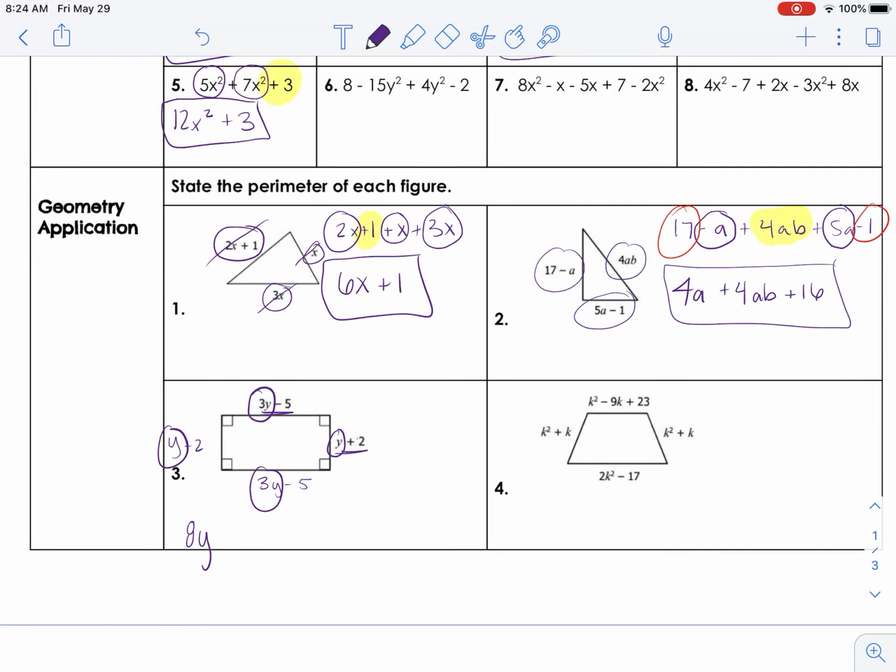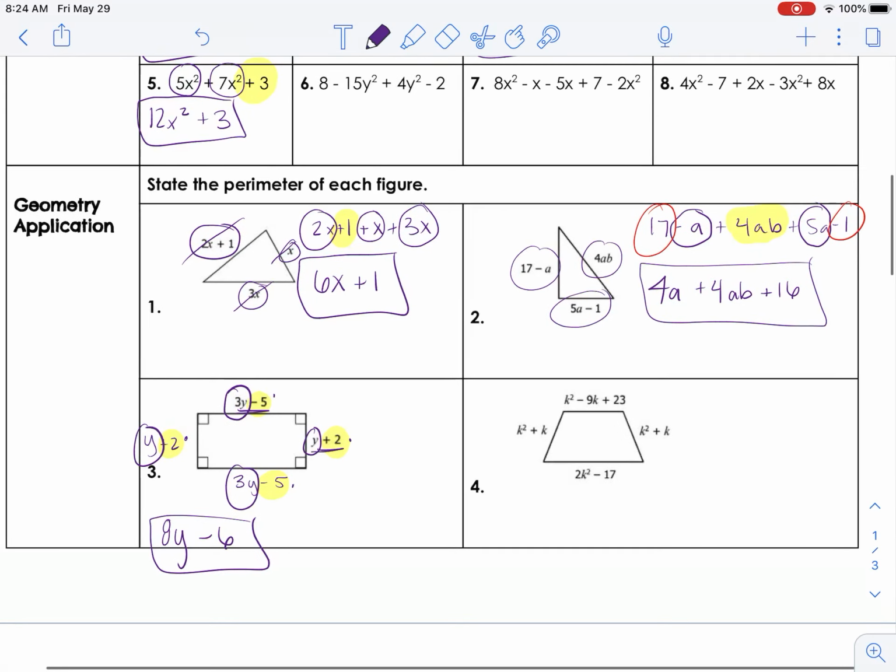So you can say, oh, I've got a 2, a -5, a -5, and a positive 2. So if we combine those, those are going to give us -10, plus 2 brings us to -8, plus 2 brings us to -6. So that's an easy way to save some time there.